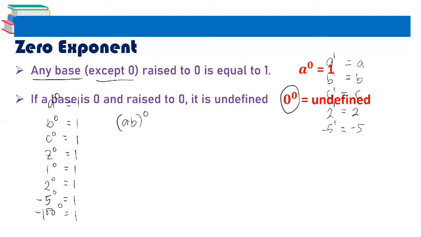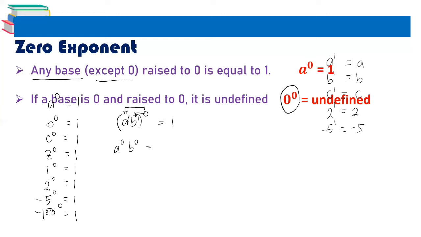Therefore, our answer here is 1. Paano po ba naging 1 ito? So, if we're going to distribute the external exponent to the internal exponents, when we multiply the exponent, it becomes A to the 0 power and B to the 0 power. And it is equal to 1.